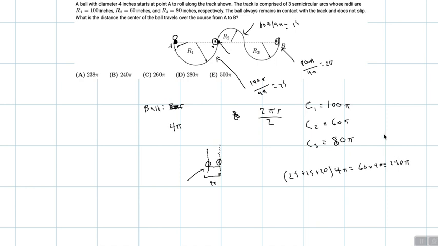It's not just the arc length, as far as the center of the ball traveling.